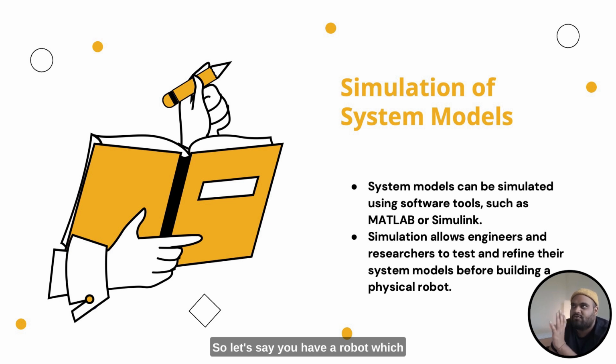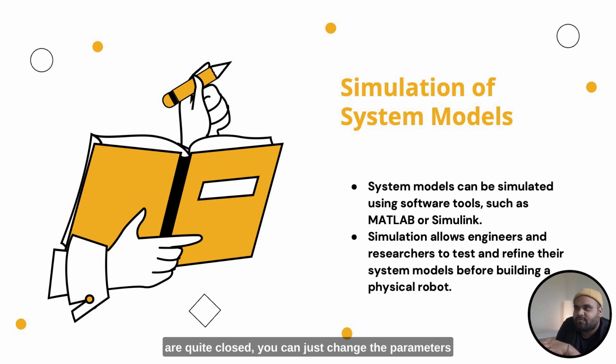Let's say you have a robot which is going to work on sorting boxes, but you have a different robot which is going to work on packaging the boxes. Since both systems are quite close, you can just change the parameter of the size of the box and understand how this is affecting the system.